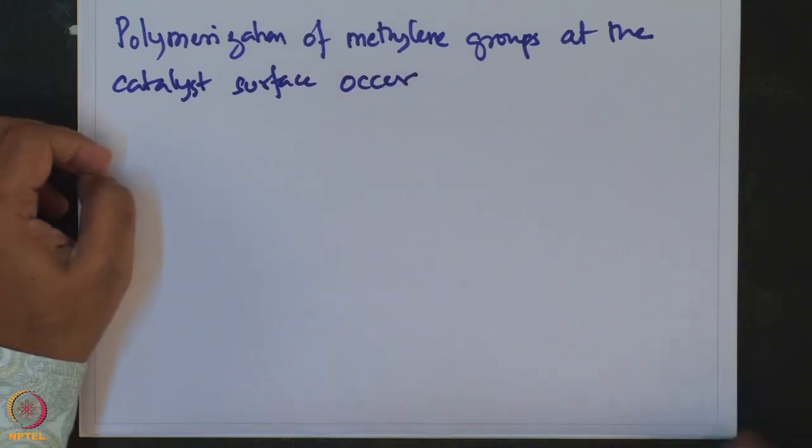And this polymerization mechanism has been modeled on a heterogeneous metal surface, and that is popularly called the Carbido or Methylene model.